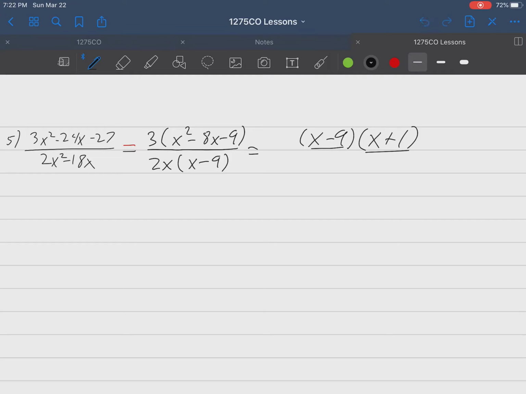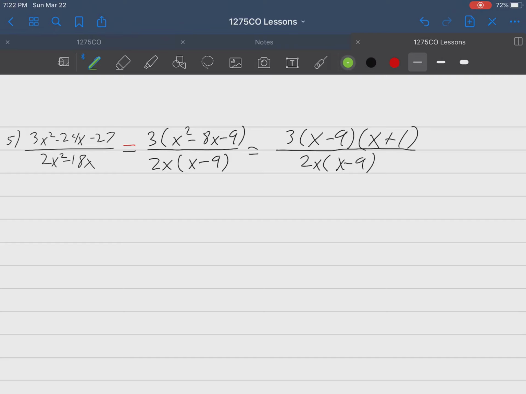And remember, this x minus 9, x plus 1 was born out of this quadratic. That means this 3 is still in front. And on the denominator, we factored that completely, because there was nothing left to do.